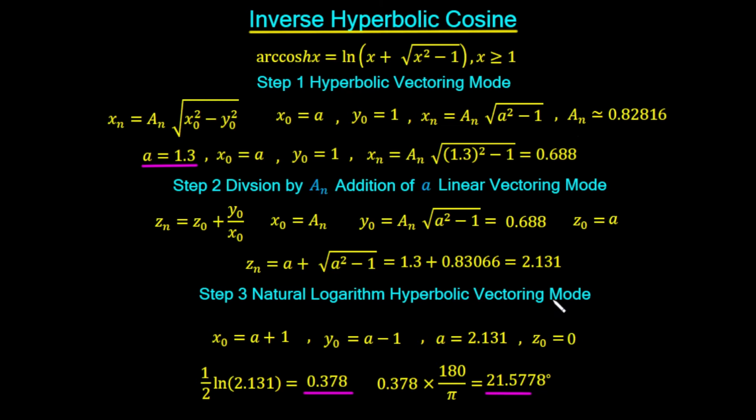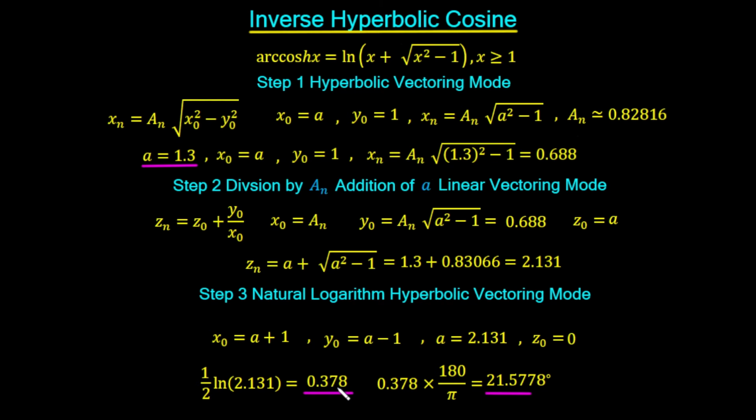In the hyperbolic vectoring mode, we're going to set the value x0 equal to a plus 1, y0 equal to a minus 1, and their value for a is the output from the previous stage, which is a value of 2.131, and we have our angle z0 equal to 0. So what we'll get at the end of this is the half of ln 2.131, which is 0.378.